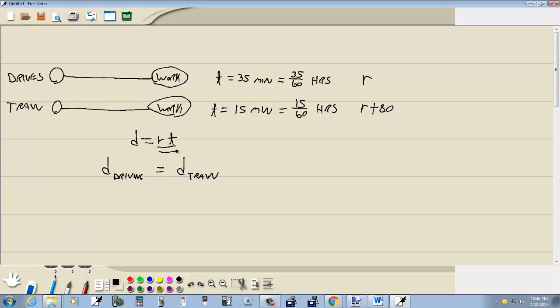Distance is equal to R times T, so we'll take the R of driving, which is R, times the T, which is 35 over 60, and that's going to equal the distance of the train, which is again R times T, so R of the train is R plus 80, and T is 15 over 60.